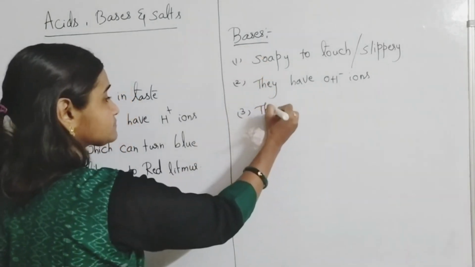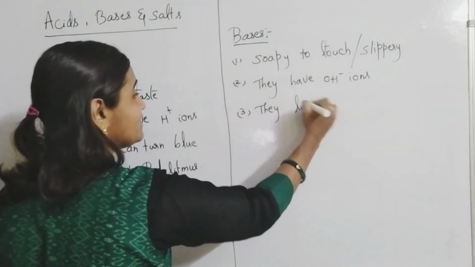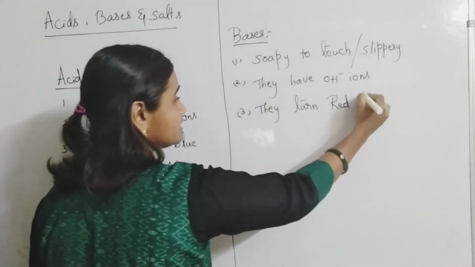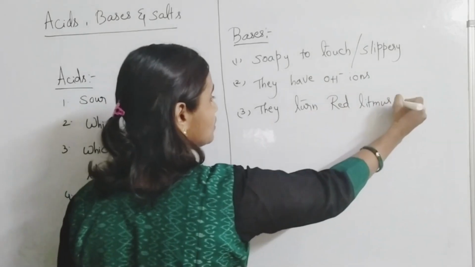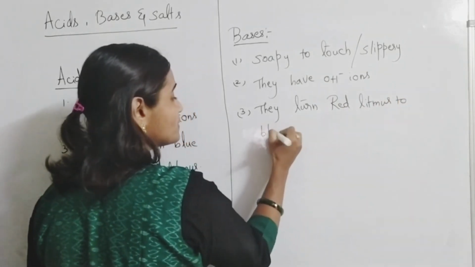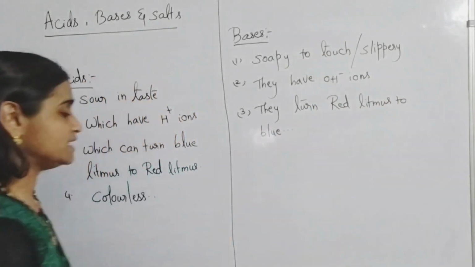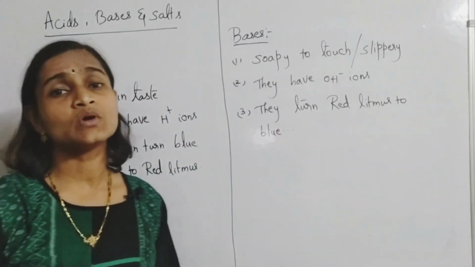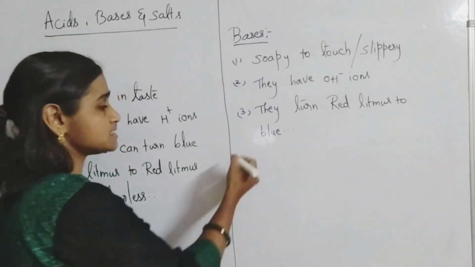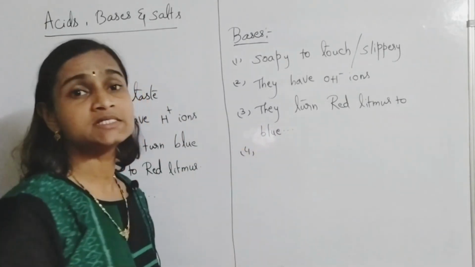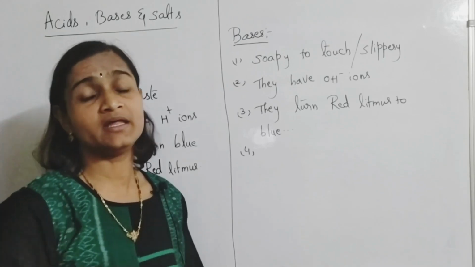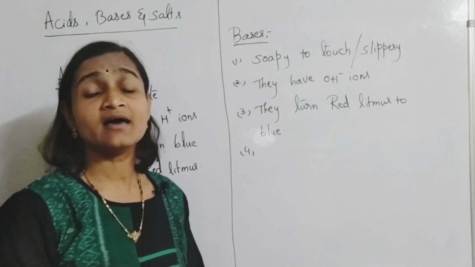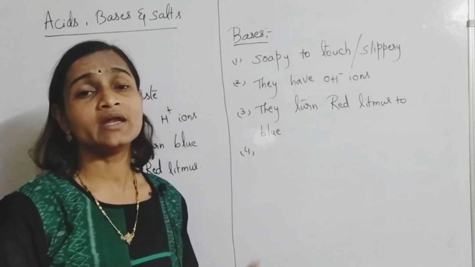They turn red litmus to blue. These are the general properties exhibited by bases. Bases are also colorless substances. Most of the bases in their physical state are solids or powdered.